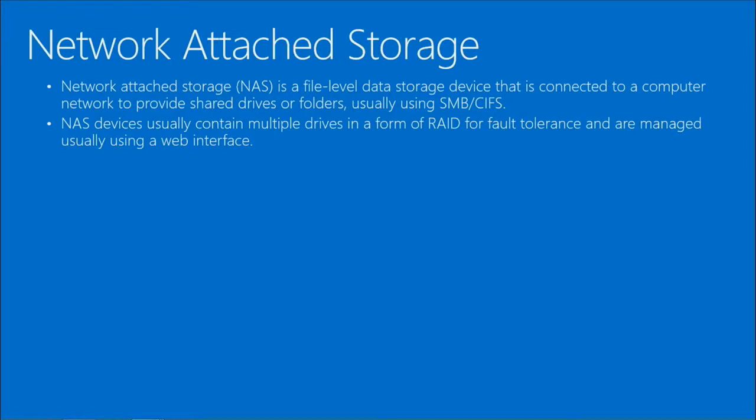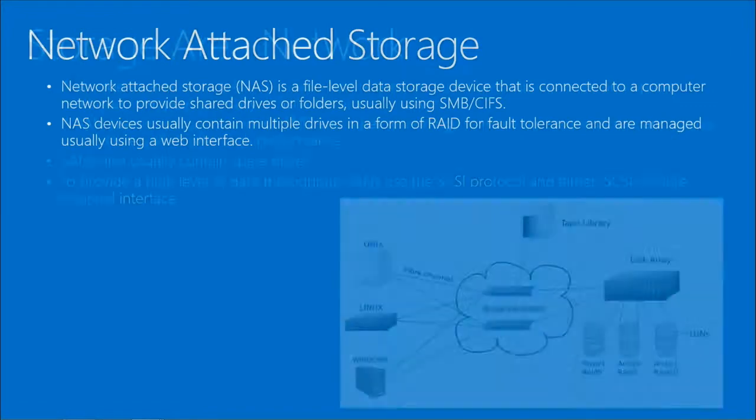They typically contain multiple drives, using some type of fault tolerance like RAID, and since there's no computer directly connected, they are managed using a web interface. So that's network attached storage.